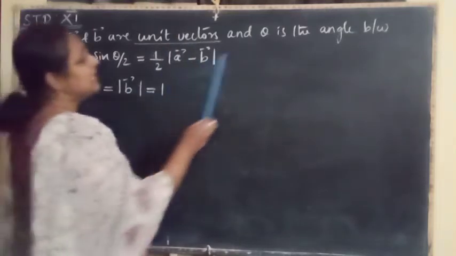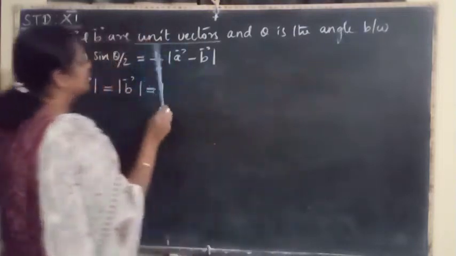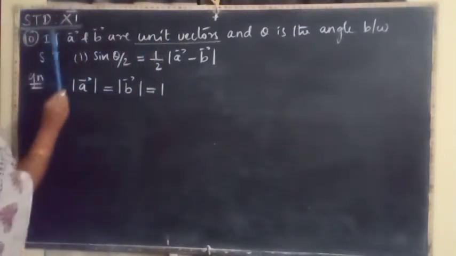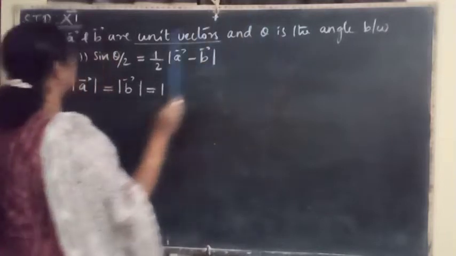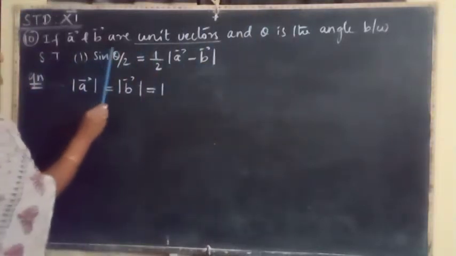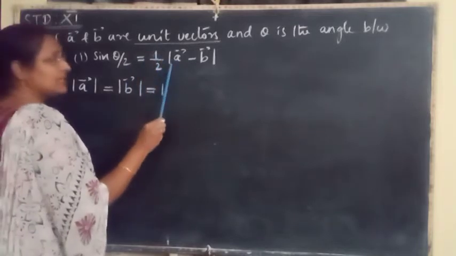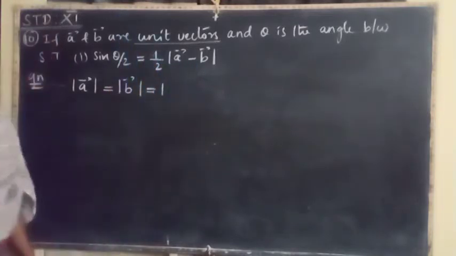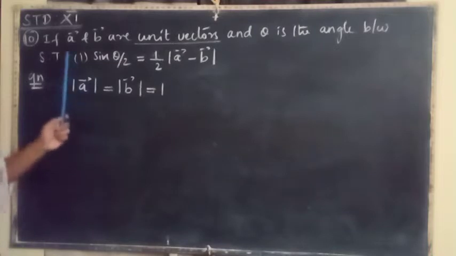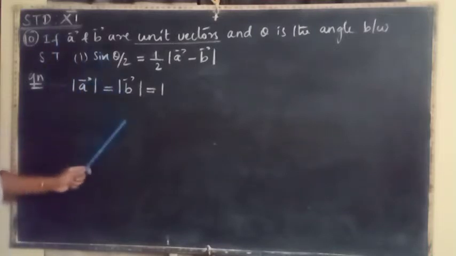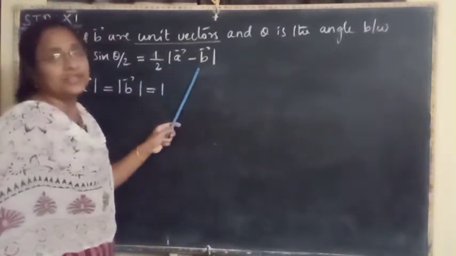Now theta is the angle between A and B. With the help of this information, we have to show that sin theta by 2 is equal to half into modulus of A vector minus B vector. Is it clear? Now we are going to start this proof along with this clue. Very important.